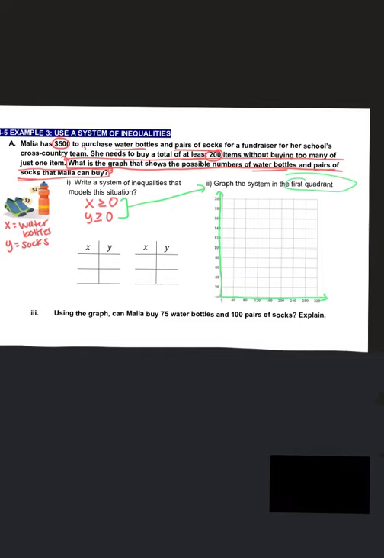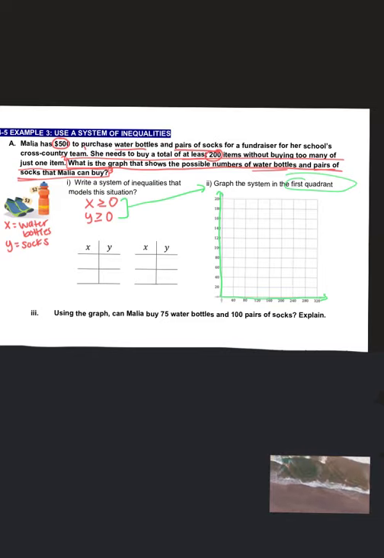Okay, so now let's get into the other 2 inequalities for the system. The first inequality has to deal with the cost of the items and how much money Malia has to use. So let's see, water bottles, they cost $2. I found that from the picture. So it's going to be 2x plus, and socks cost $3 according to the picture, so 3y.